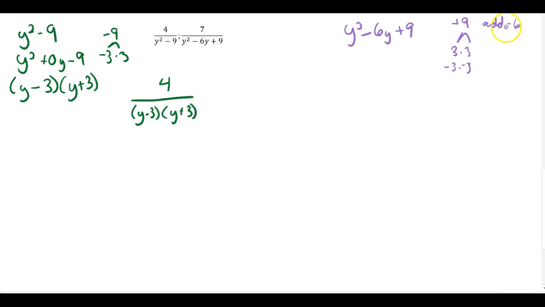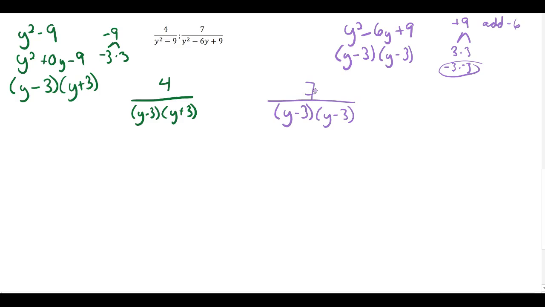The pair that add to give me a negative 6 is negative 3 times a negative 3. And again, since there's no leading coefficient, I can have y minus 3, y minus 3. So if I rewrite this, I have y minus 3 on the denominator, and I have a 7 on the numerator.